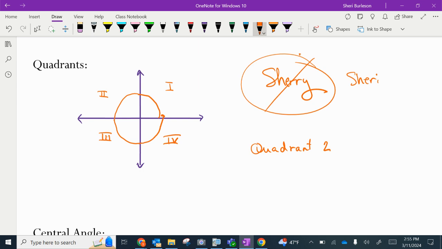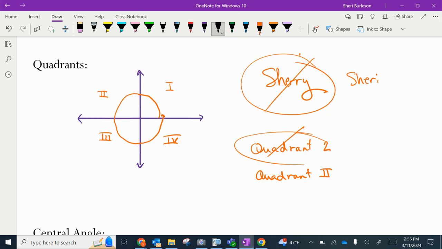Are we paying attention? This is not its name. Doesn't that say quadrant 2? What do you mean that's not its name? Quadrants are named with Roman numerals. If you give me non-Roman numerals, you are not getting the name right, okay? It should be quadrant II, okay?